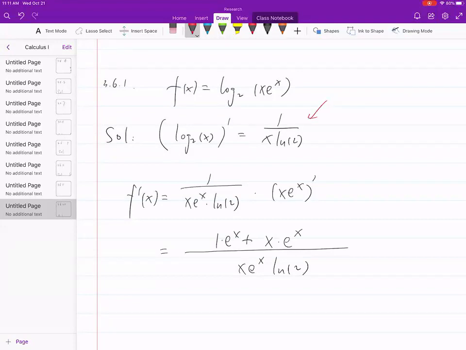All right, Adam. 3.9, problem 2. A cylindrical tank. So this is related rate.